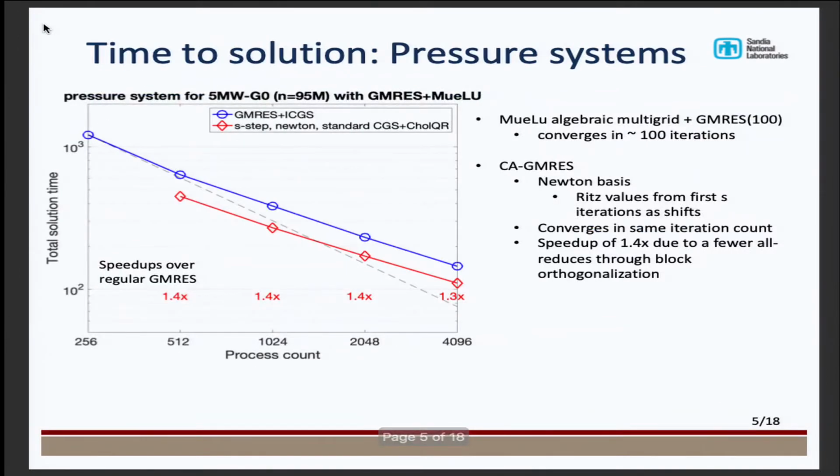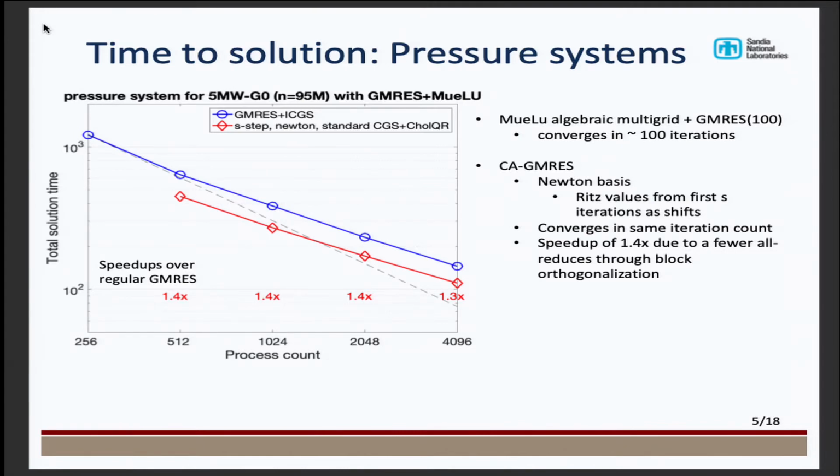This first result shows strong scalability for solving the pressure system. This is done using algebraic multigrid preconditioners in MueLu of Trilinos, which I think Jonathan is going to talk about next. At least using the input deck given by Steve, this GMRES required around 100 iterations to converge.